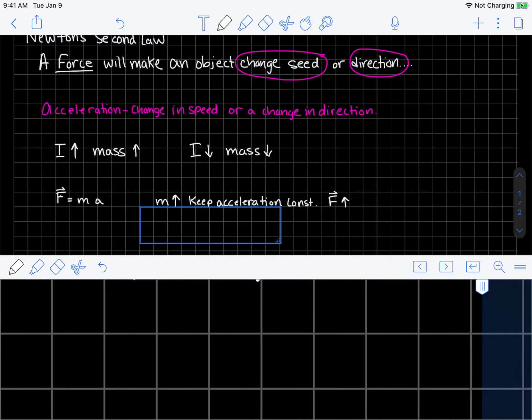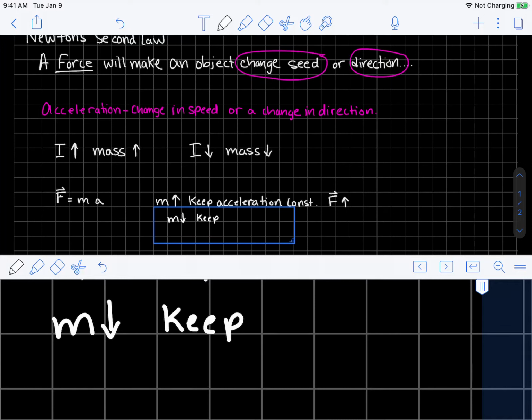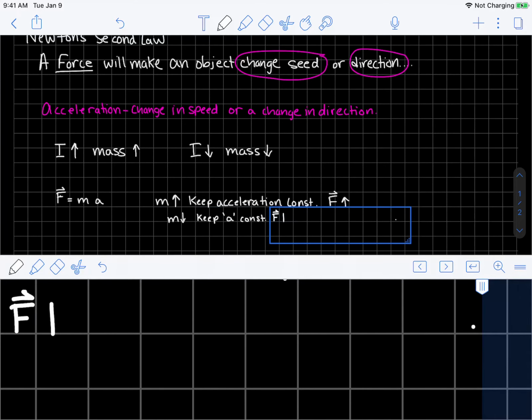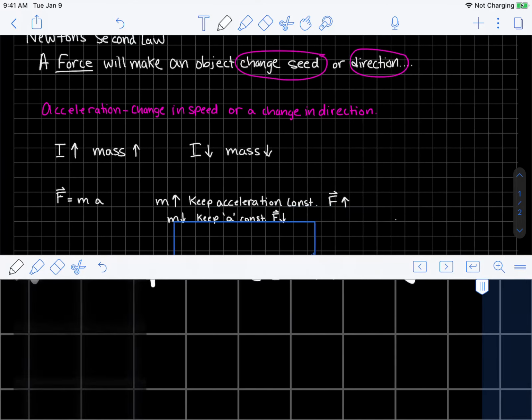And then the same thing's true if I decrease the mass. So if my mass is small, and we keep acceleration constant, then my force will decrease. We call that a direct relationship.